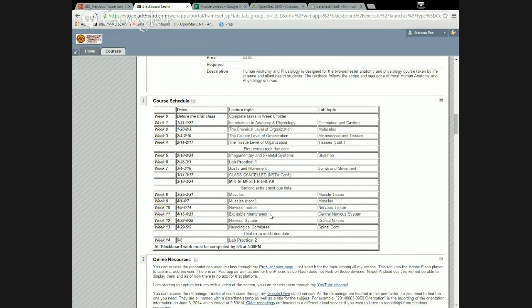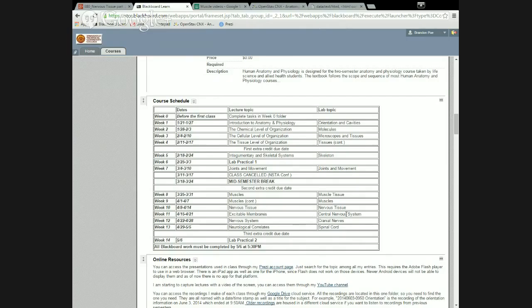Next week, the lecture material is excitable membranes, which is talking about the electrical activity of nervous tissue and muscle tissue. That's really more of the same chapter that we're dealing with here. So I've actually spread this chapter out over 2 weeks.